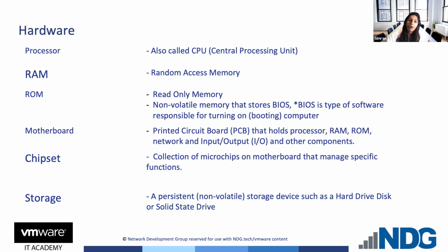Then we have ROM, which is your read-only memory. That refers to the computer's memory chips containing the permanent data. So unlike RAM, ROM is non-volatile. Even after you turn off your computer, the content within the ROM will remain. Every computer comes with a small amount of ROM, and it contains the boot firmware.